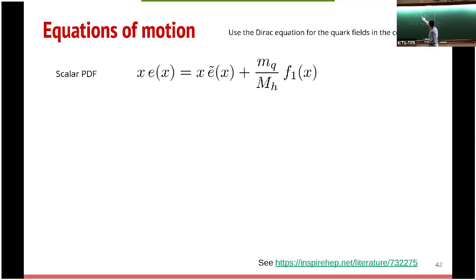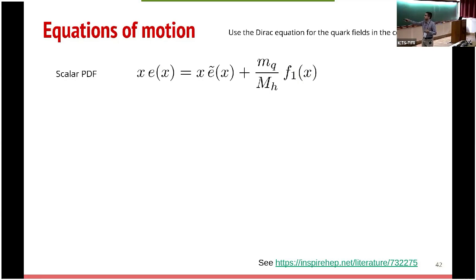So it's a quark-gluon-quark correlation, or what is called a dynamical higher twist, or a dynamical 3-parton correlation, with a twist 2 function, f1, which is the simplest one, the unpolarized, suppressed by a mass factor.